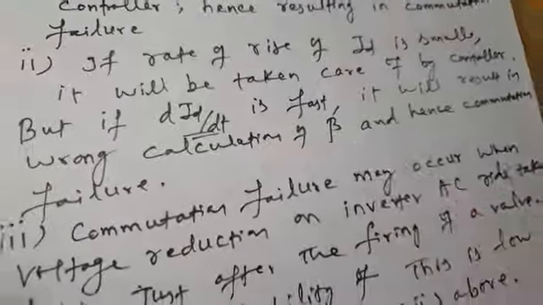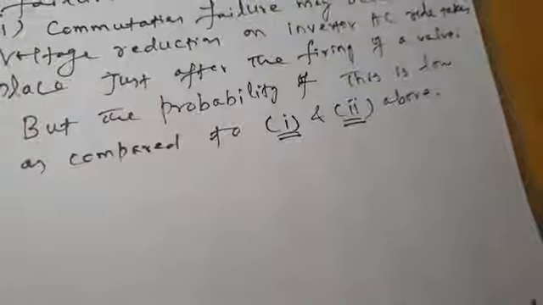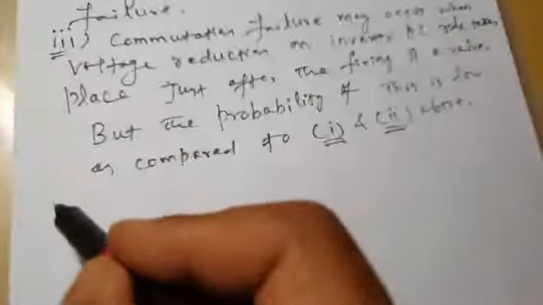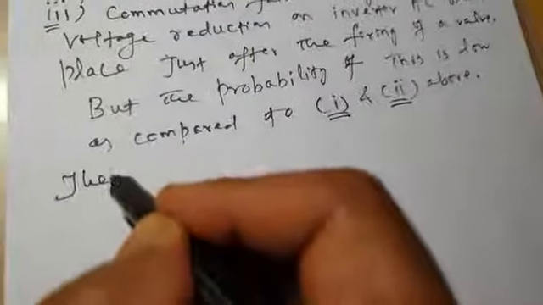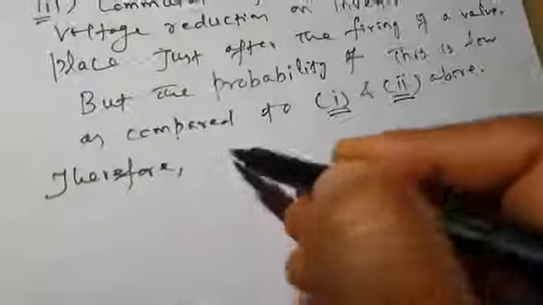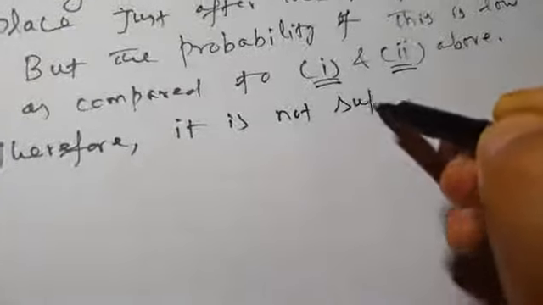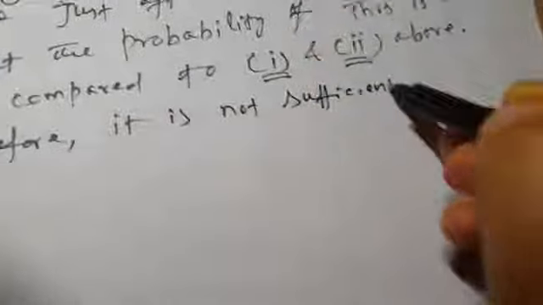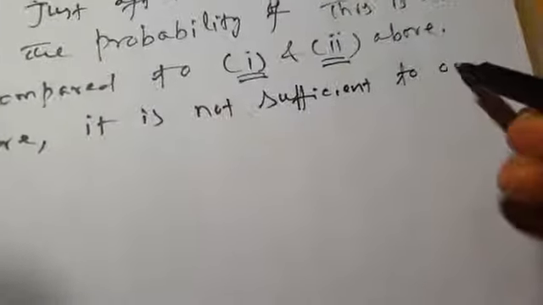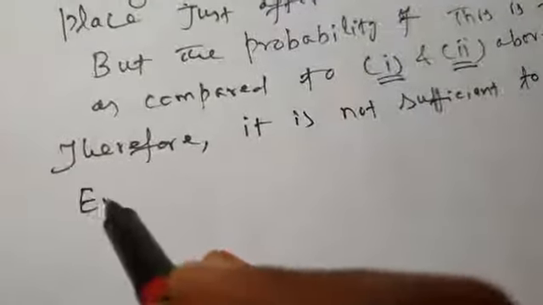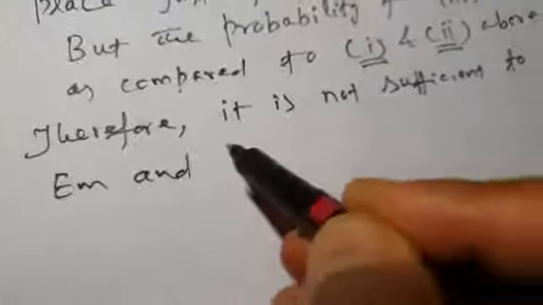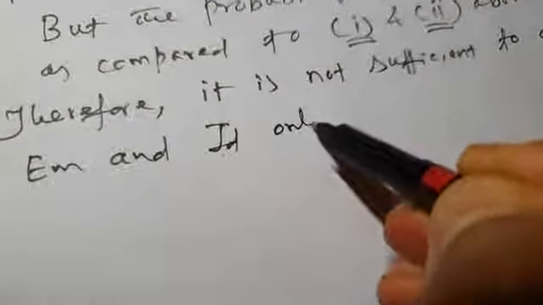So we can say that it is not sufficient only to compute EM and ID, but in the computation process the following has to be considered also. So I will write here, therefore it is not sufficient to compute EM and ID only.